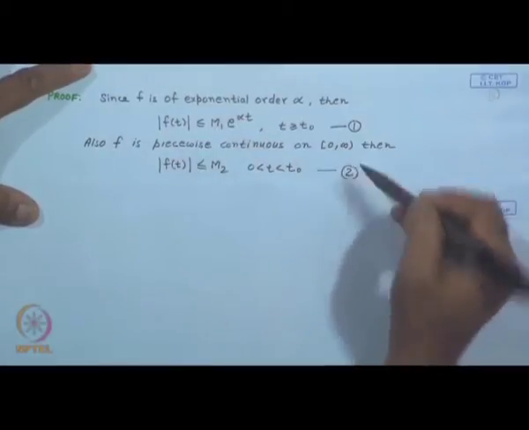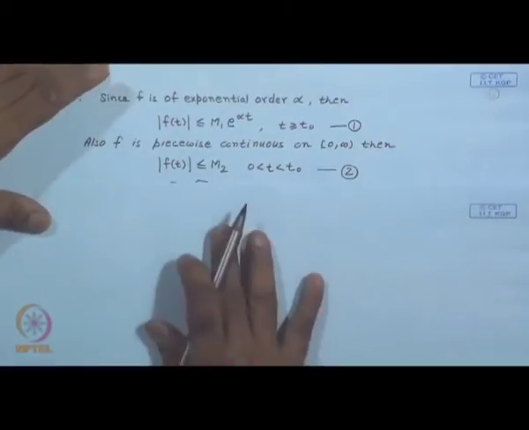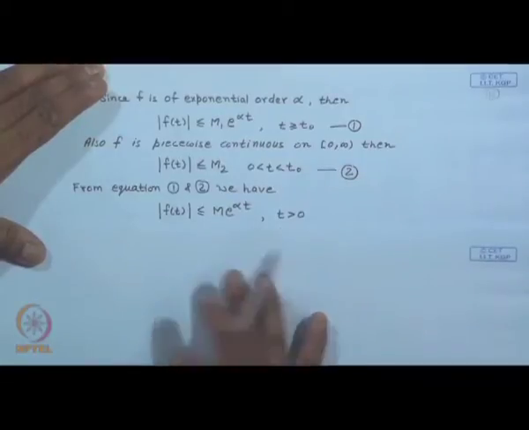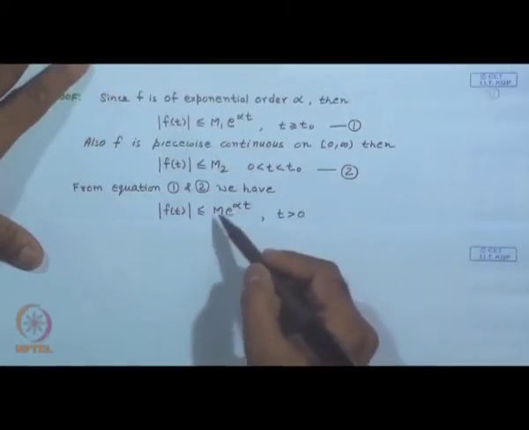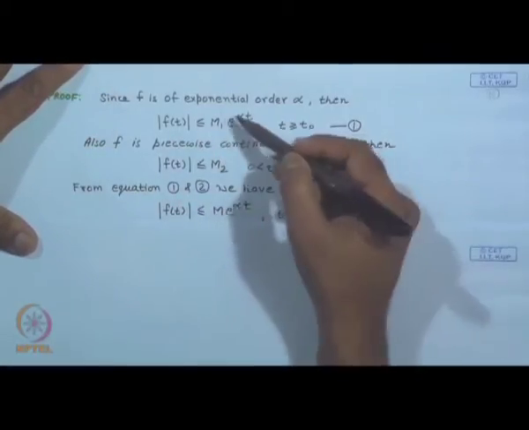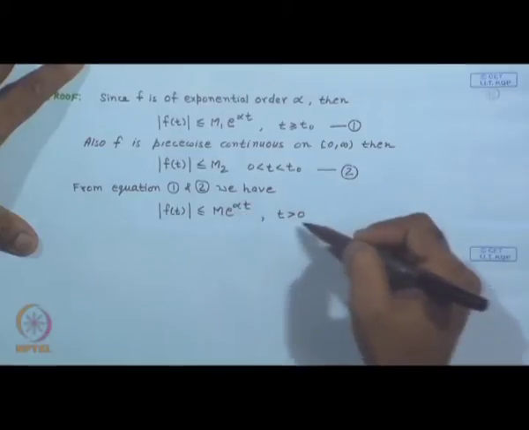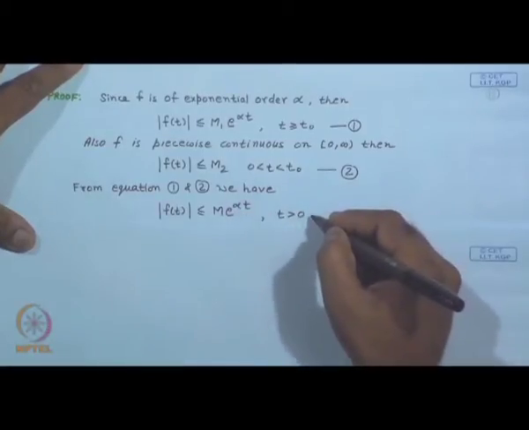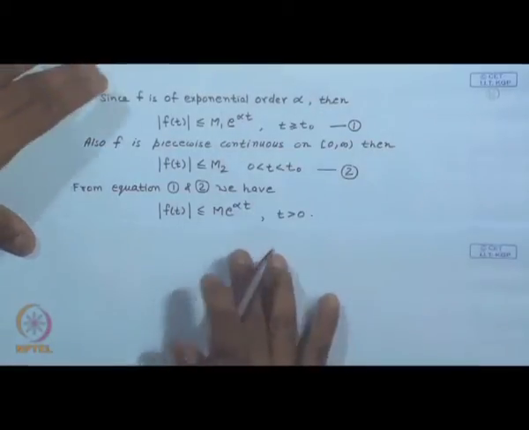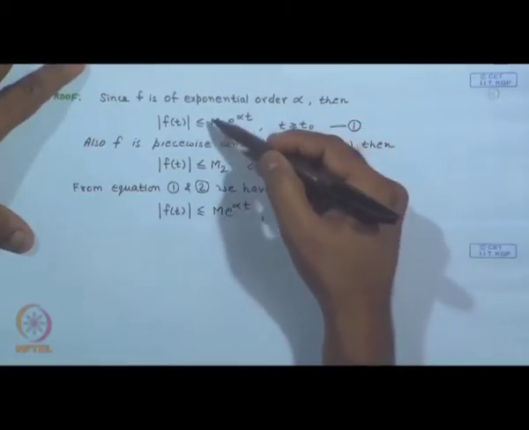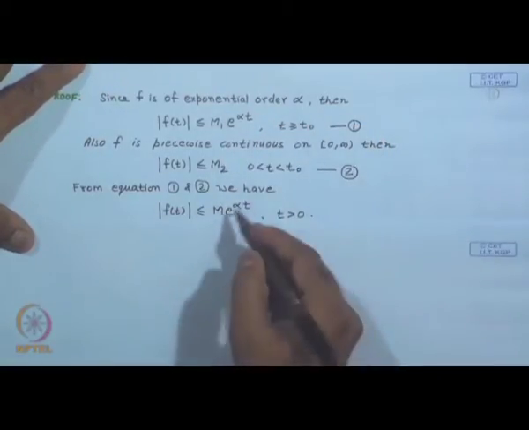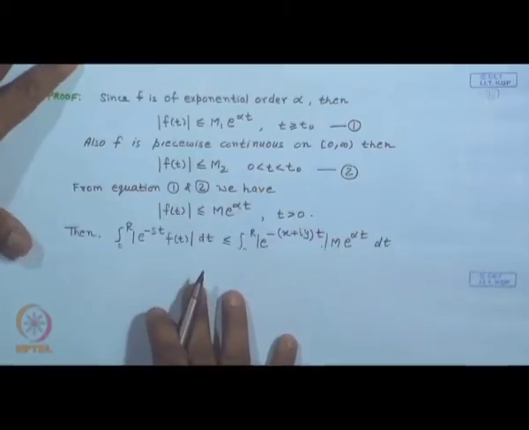We can combine these two conditions to have one bound on f(t) for the whole t. So, we can find an M easily, such that the absolute value of f(t) is bounded by M e^(alpha t) for t positive. For example, if alpha is positive, you can simply take the maximum of M1 and M2 to get this M.